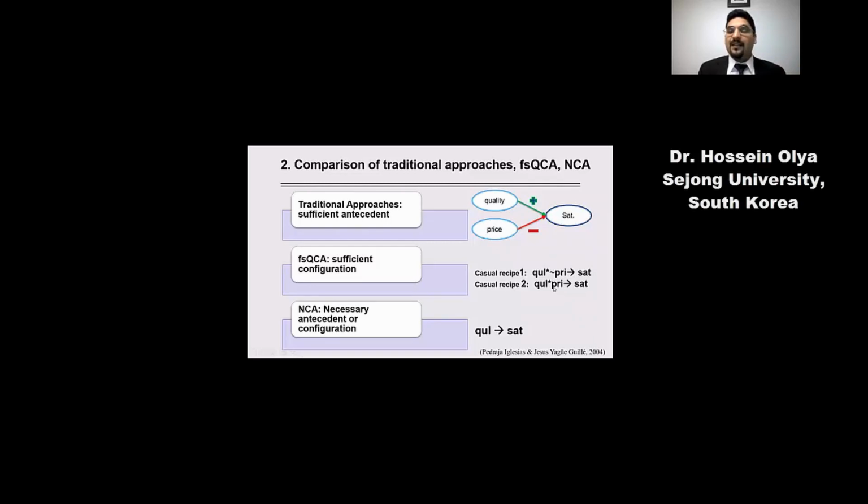Many people are rich, they don't care about the price, but quality is very important to them. So still, if you offer them a high level of quality of food with a high level of price, they would be satisfied. So you see that we are generating new insight about the phenomena.